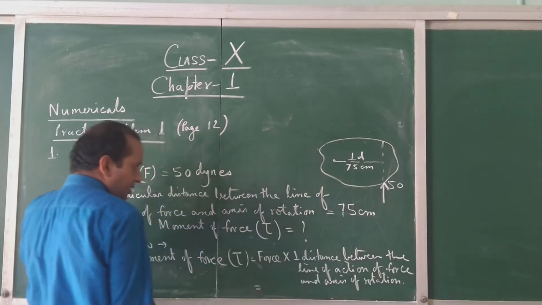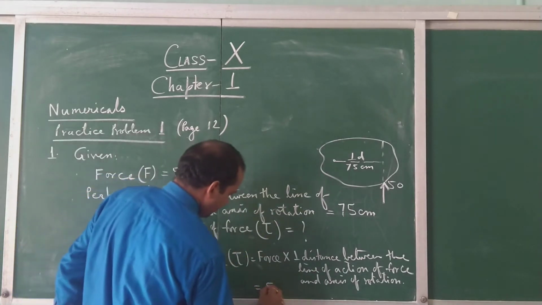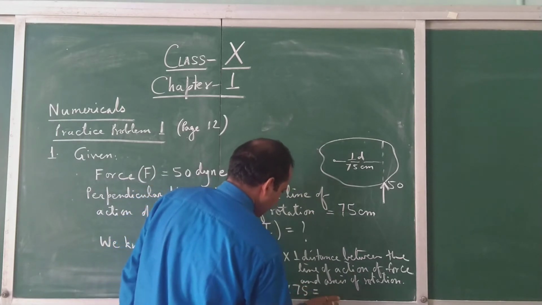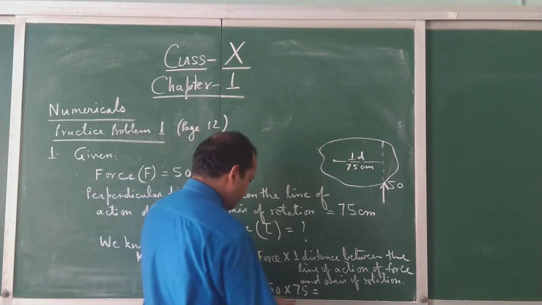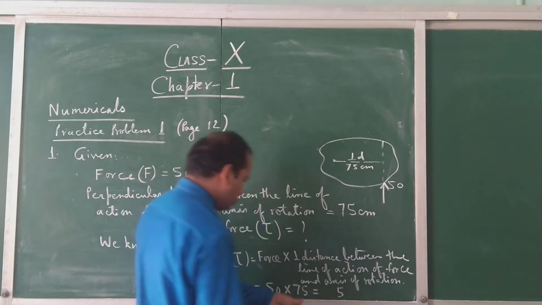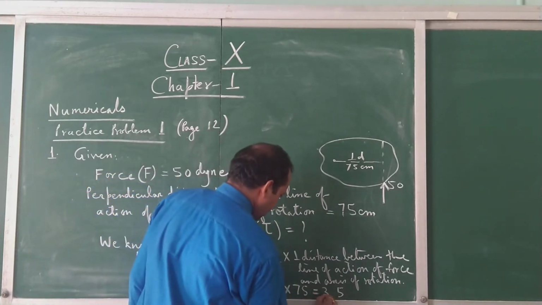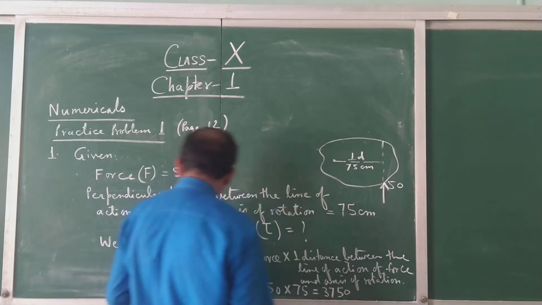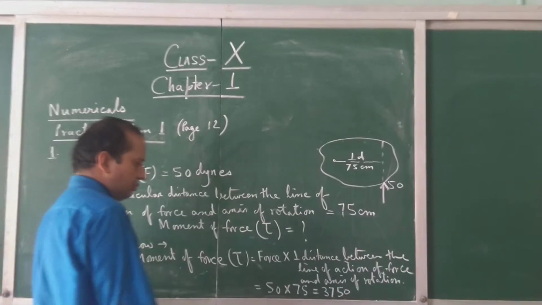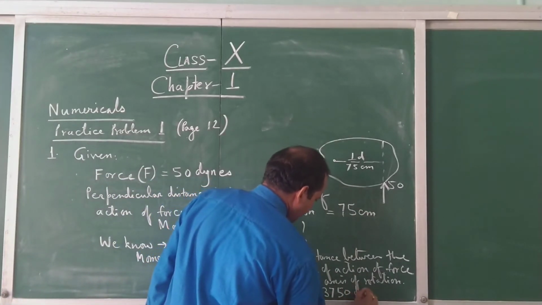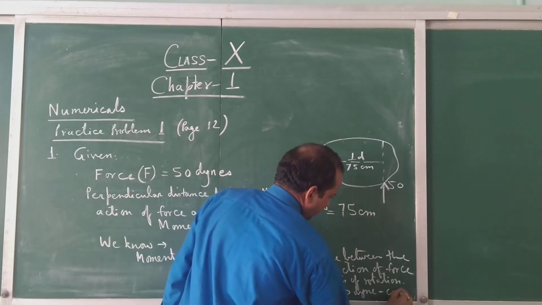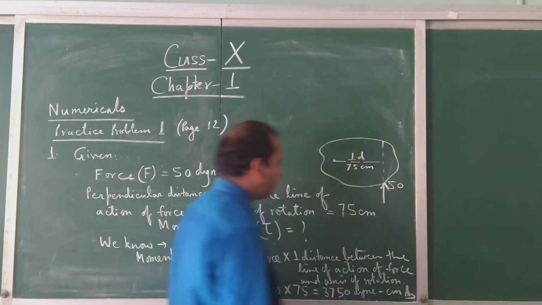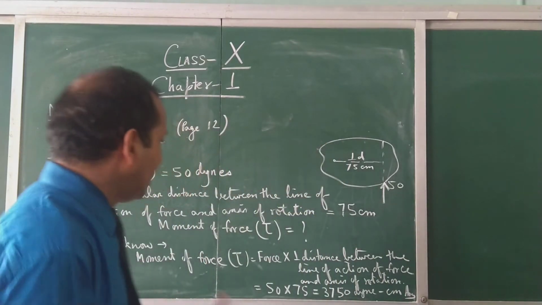Both things are given here: force 50 and perpendicular distance 75. So multiplying, 50 times 75 gives 3750 dyne centimeter. Because it is moment of force, in the CGS system the unit is dyne centimeter, and that is the required answer.